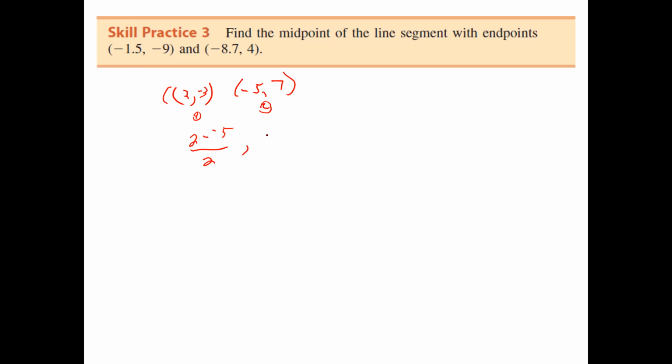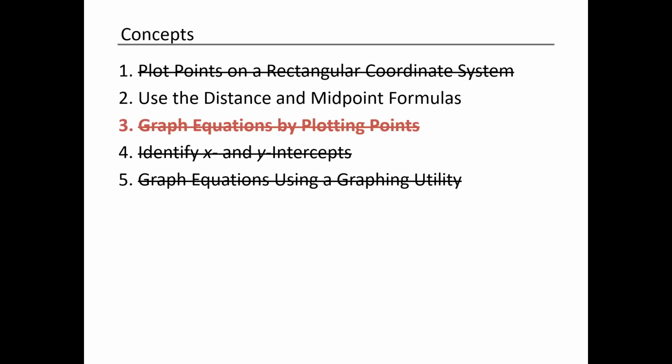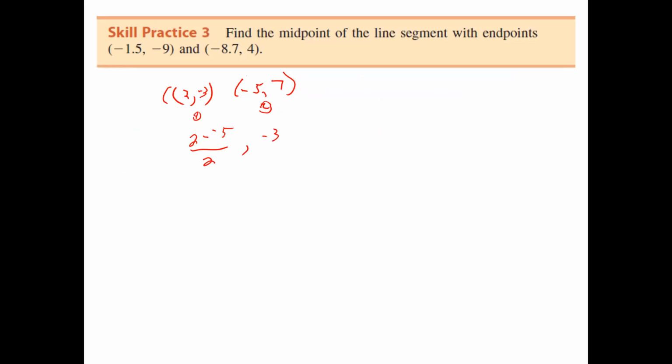Then I'll have -3, or plus, excuse me, right here. This should be a plus sign because you're adding these. -3 plus 7 all over 2. And that, when we simplify it, will be the coordinates of this line segment.